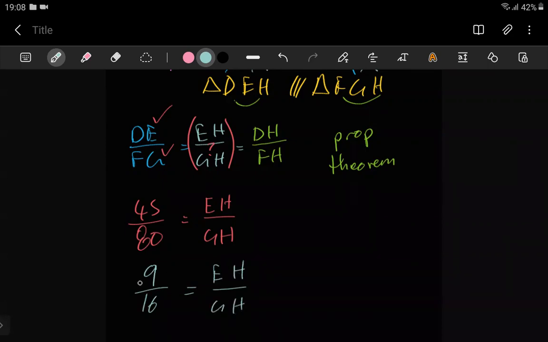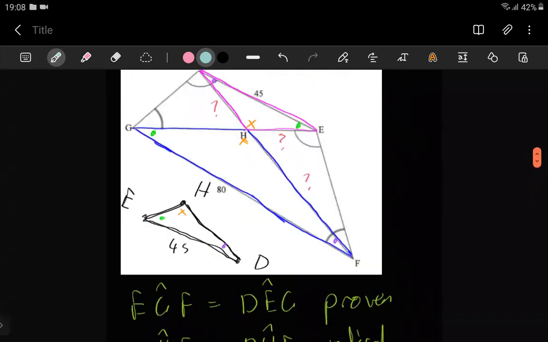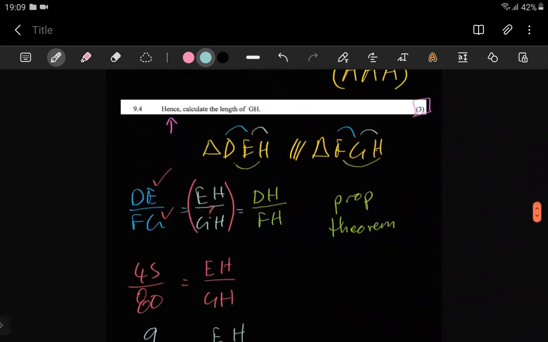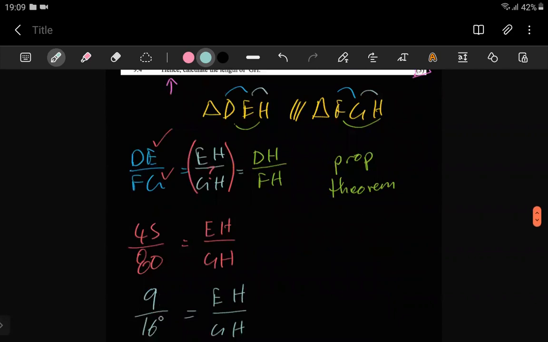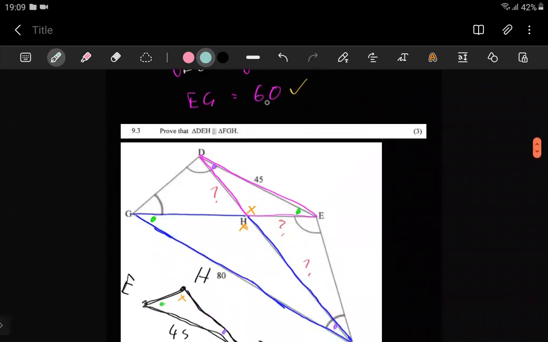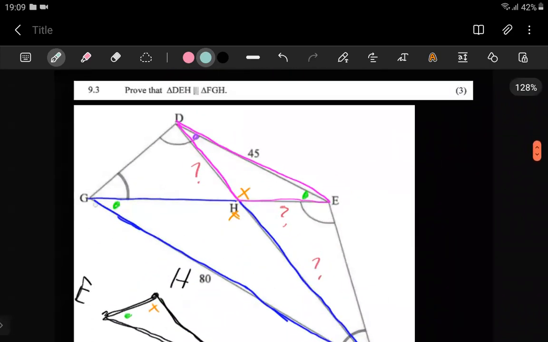So where I'm trying to go with this ratio is I'm trying to give us the idea that whatever the lengths we have for the one triangle and whatever the lengths we have for the other triangle, this on its own is telling us the ratio between those two triangles. Now, the way this all links up with this 60 here, if you look at the distance between GE, GE takes into account the line GH and the line HE.